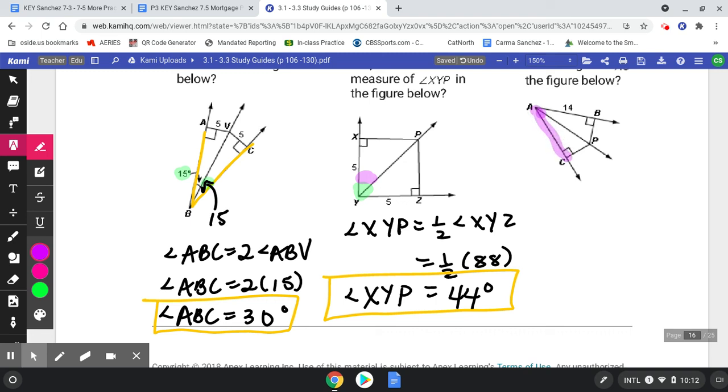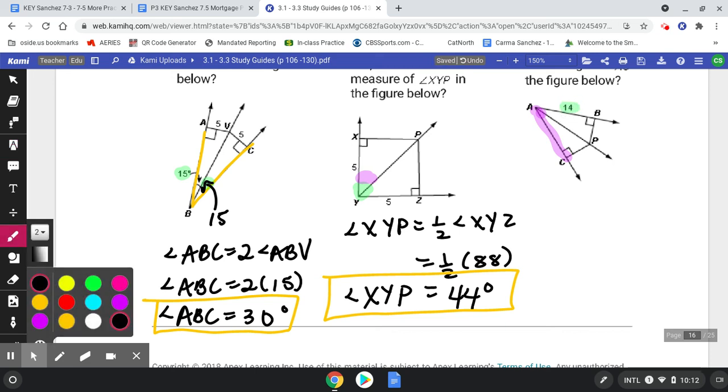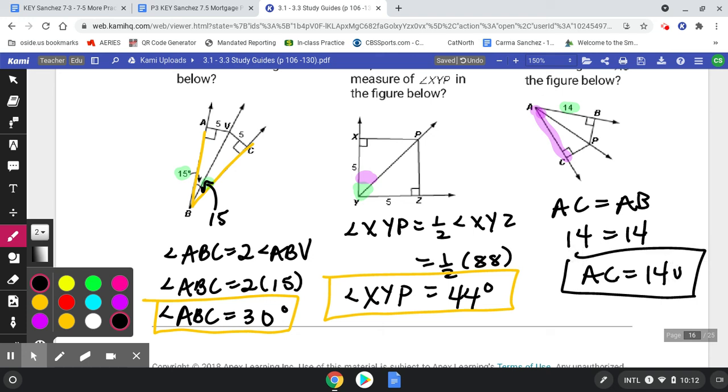And so remember that we've already got this 14 that's identified over here. So the work we would show is we would say that we can tell that AC is equal to AB, and that means that it's 14. And we're going to do a U for units because we don't know what the units are in that image.